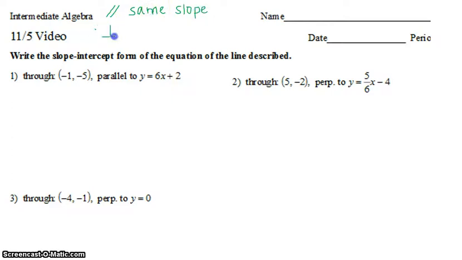And if you are looking at perpendicular lines, they have the negative reciprocal slope. So opposite sign and flipped.